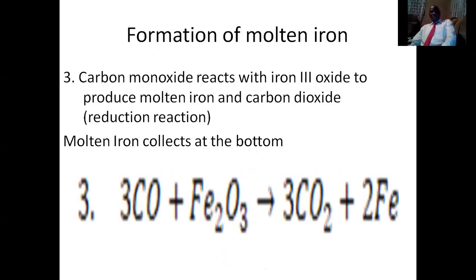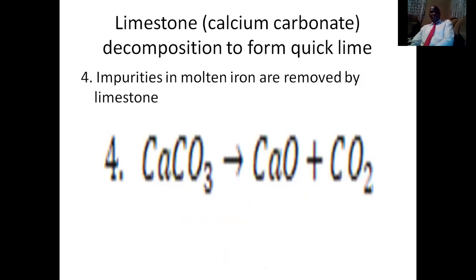Then we are aware that the molten iron will contain impurities or unwanted substances, and therefore limestone is used to remove the impurities. But the limestone itself we don't use directly.